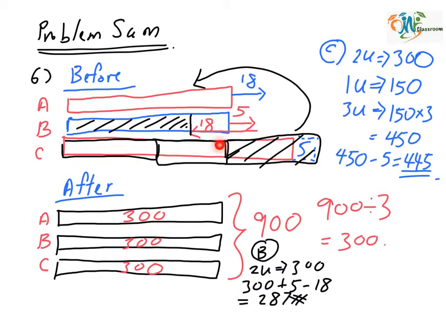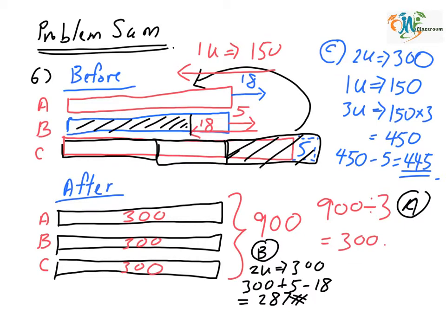And then C gave 1 unit, 1/3 to A. So now we must take it back from A. So for A, we will give it back the 18 that was transferred to B, and then we have to take away the 1 unit that was transferred from C. So 1 unit, which is 150. This part clear?